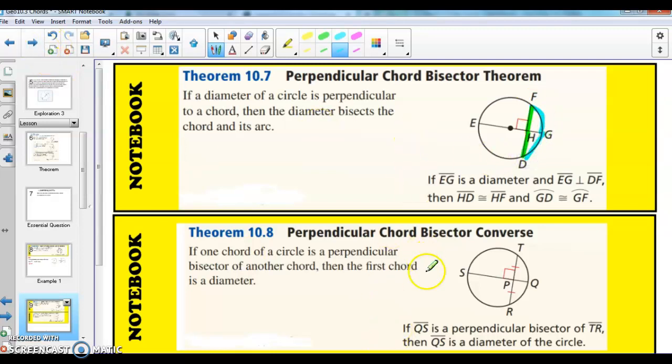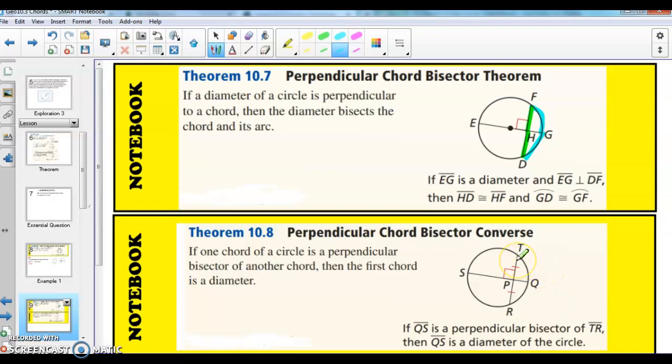Now these two theorems are converses of each other. So if you still remember, the converse of an if-then statement is true if the resulting statement, when you switch the hypothesis and the conclusion, is also true. So theorem 10.8, which is called the perpendicular chord bisector converse, states that if one chord of a circle is a perpendicular bisector of another chord, then the first chord is the diameter.